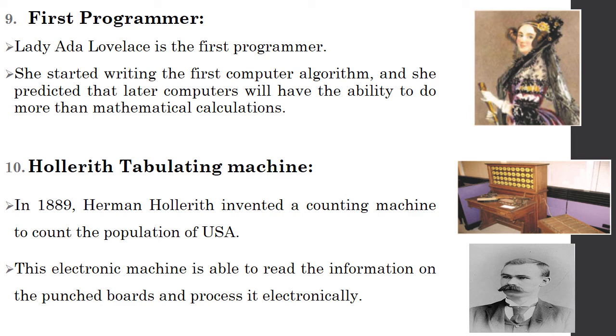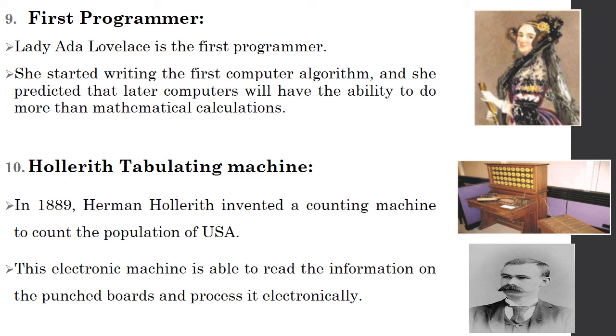That is known as algorithm. So Lady Ada Lovelace started writing the first computer algorithm, and she also predicted that computers will have the ability to do more than mathematical calculations. Now you all know what is mathematical calculation. So more than mathematical calculations, computers have the ability to perform tasks.